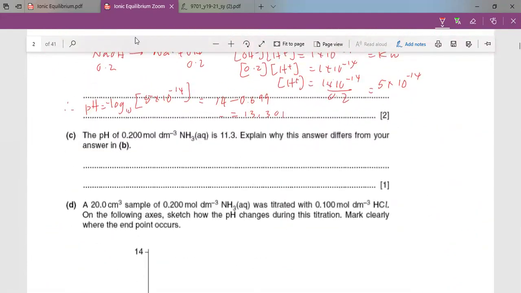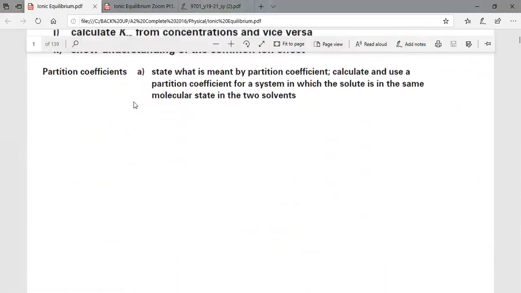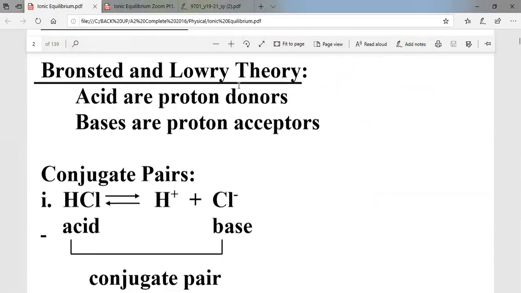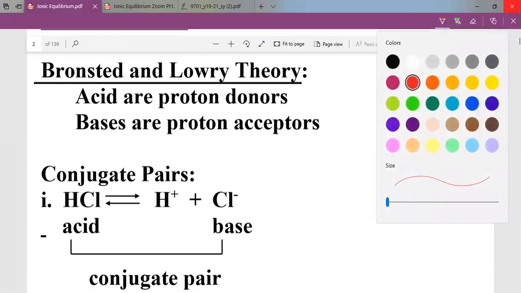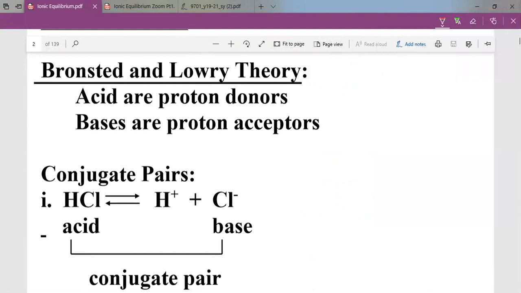Of course, in your equilibrium main notes, it is there. In Brønsted-Lowry, acid is what? Proton donor. That's all you need to know. Proton donor, and base is proton acceptor.